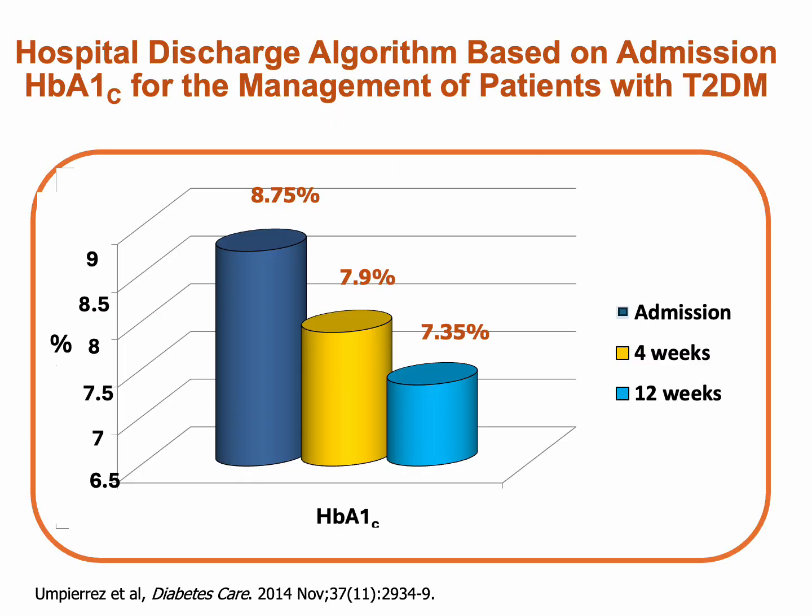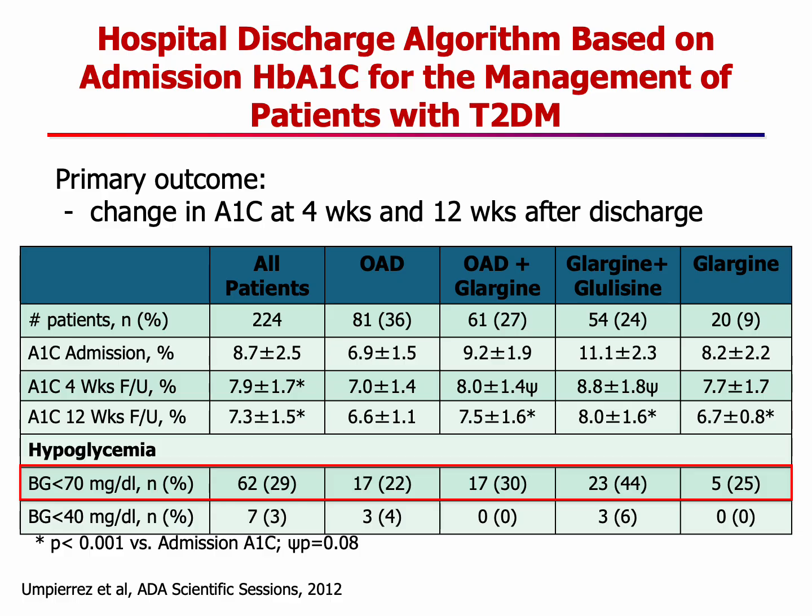Now, using this algorithm, the study results show change in A1C concentration at 4 weeks and 12 weeks after hospital discharge. There was significant improvement. The primary outcome of the study is change in A1C at 4 and 12 weeks after discharge.